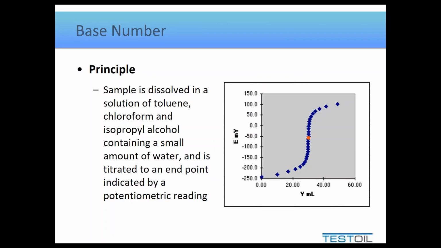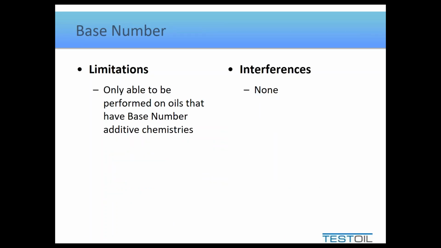The only real limitation to this test is it can only be done on oils that actually have a base number type additive chemistry. If they don't have it, you're going to get a near zero value. Interferences, though, it doesn't have any, because even if there's high water content, the acids that may dissociate during testing form, they're not going to significantly affect the base number additive.